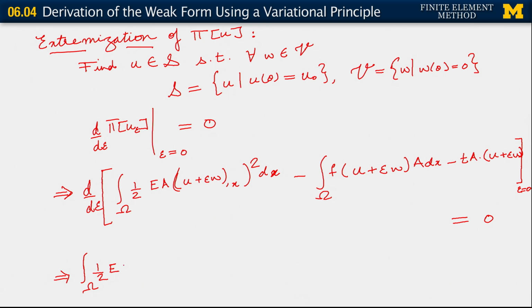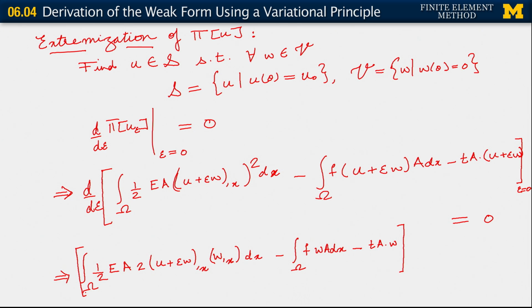Now, because of that square, we get 2 times (U plus epsilon W) comma x, right, times W comma x, right, dx, minus integral over omega f times W A dx, minus TA times W. Okay?